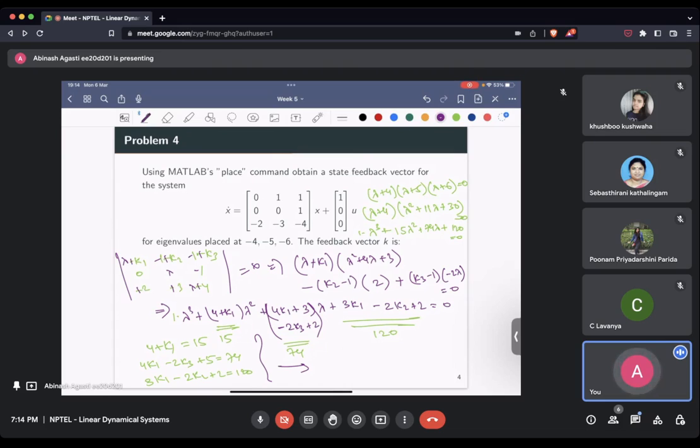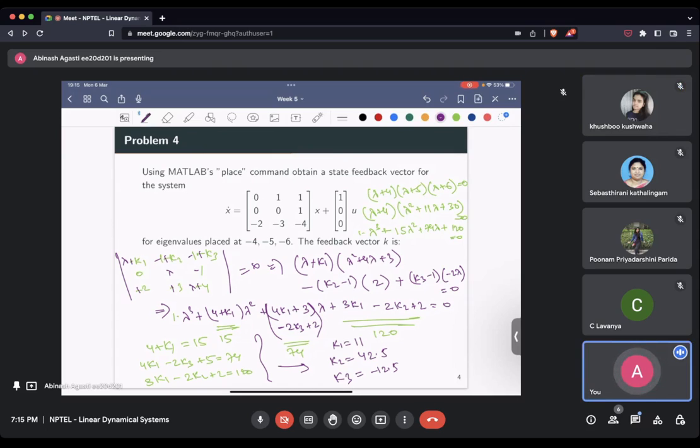Yes, please solve this and let me know the solutions that you get. So K1 equals 11, K2 equals 42.5, and K3 equals minus 12.5. Okay, now just a minute, let's verify that.